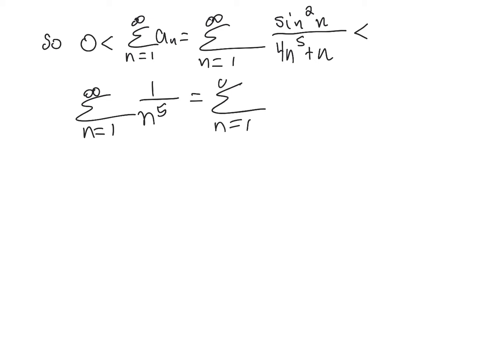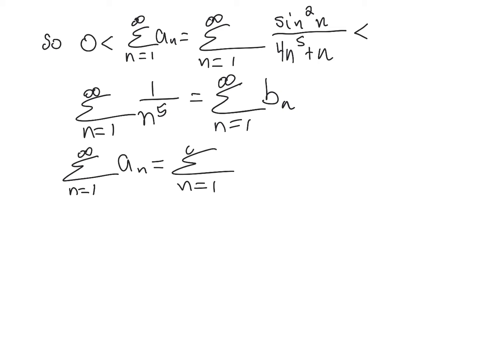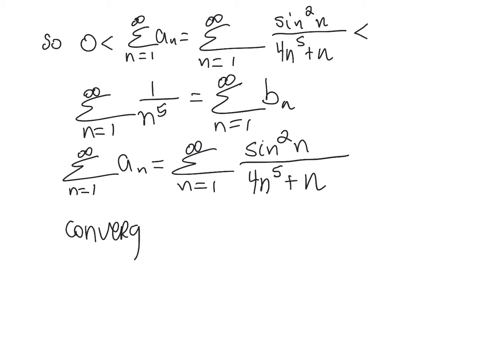Since the b sub n series converges and the a sub n series is smaller than the b sub n series, we can now make the correct conclusion that the series a sub n, summation from 1 to infinity of sine squared of n over 4n to the fifth plus n, converges by comparison test.